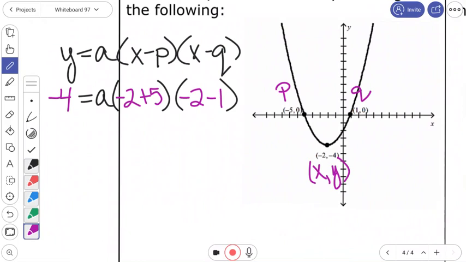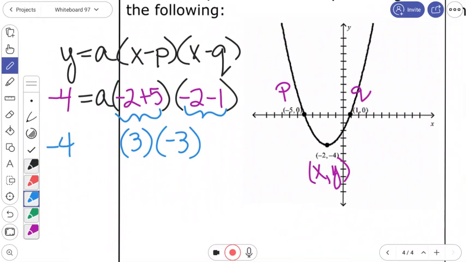So that's step 2. Step 3, we need to solve for a. So PEMDAS, we need to simplify inside the parentheses first. Negative 2 plus 5 is 3, keeping my parentheses. Negative 2 minus 1 gives me negative 3, keeping my parentheses. So we have negative 4 equals a times 3 times negative 3.